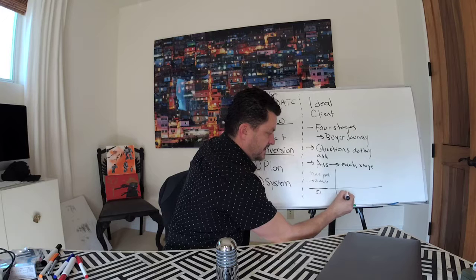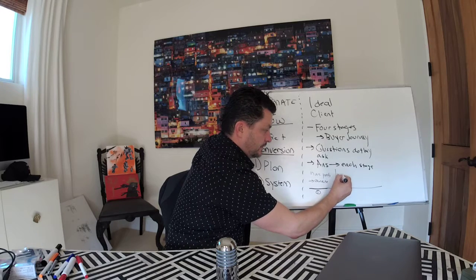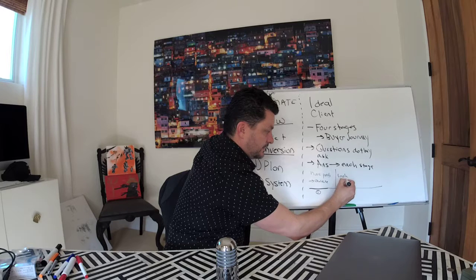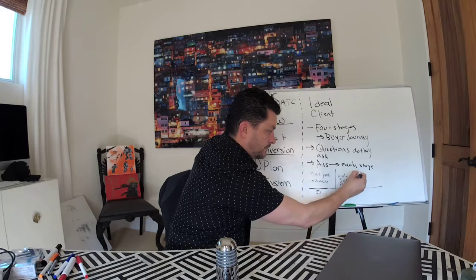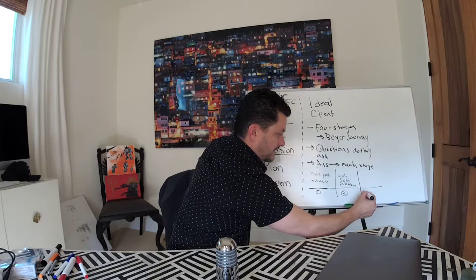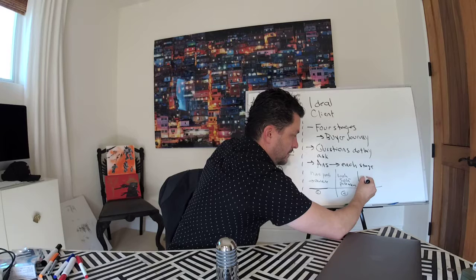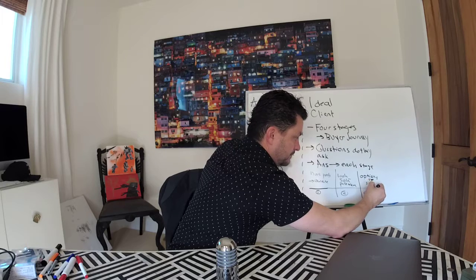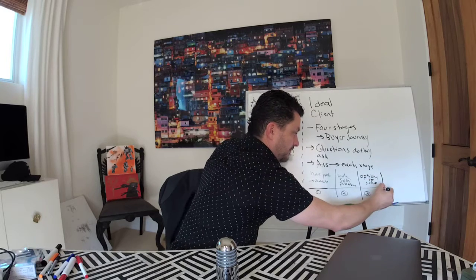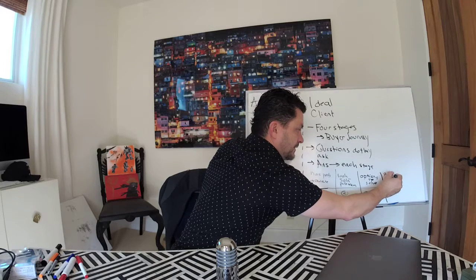The second stage is they're looking for a solution to that problem. The third is they're looking at options to solve it. And the fourth and final stage is they're picking between alternatives.